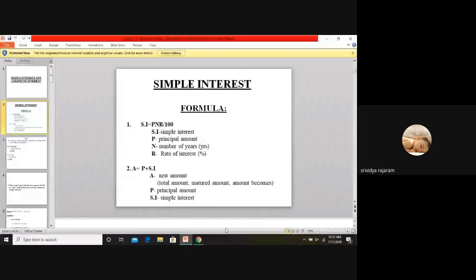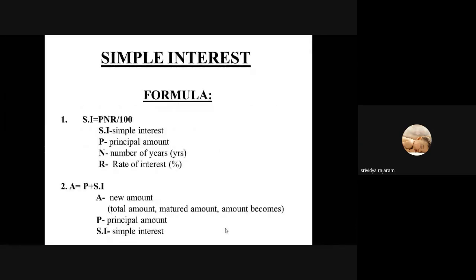Is it now visible? Yeah, super. Okay, let's get started.